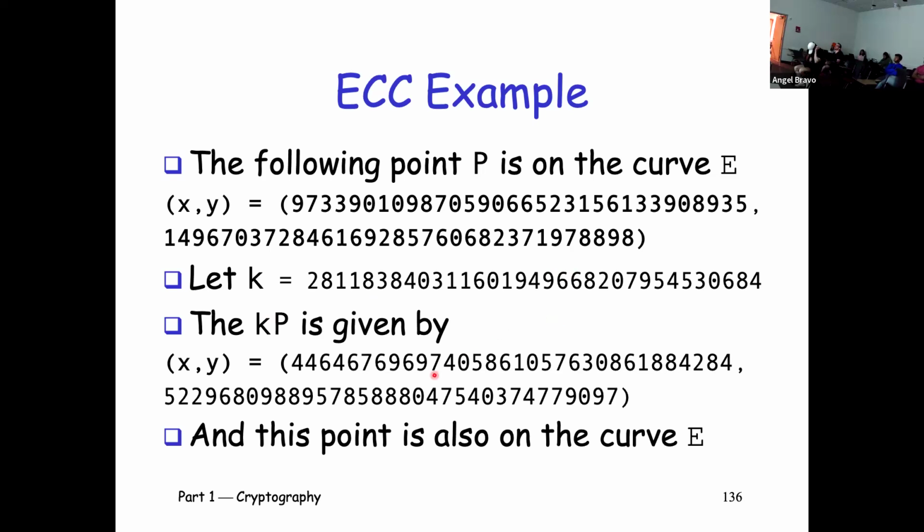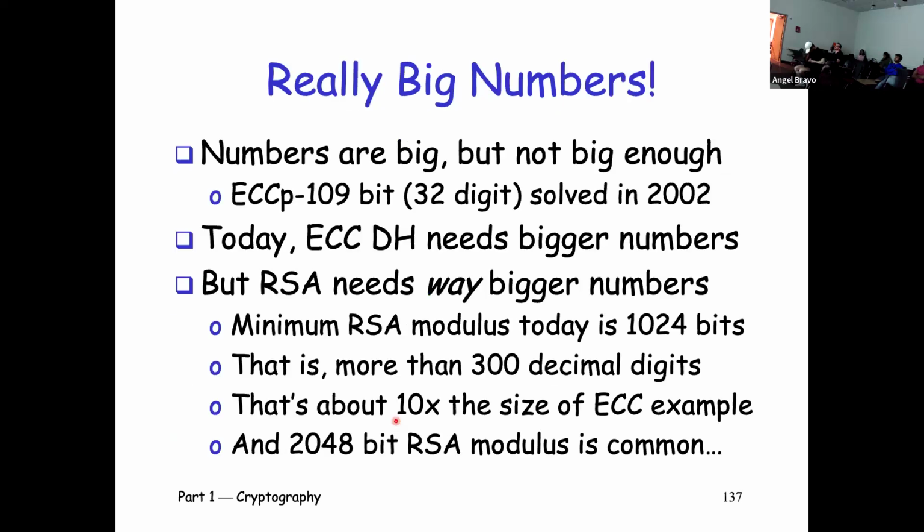Now, this point, according to the math behind it, does exist also in that curve. So it means that these points will help you as if they were your keys in order to encrypt stuff, right? What is a key?